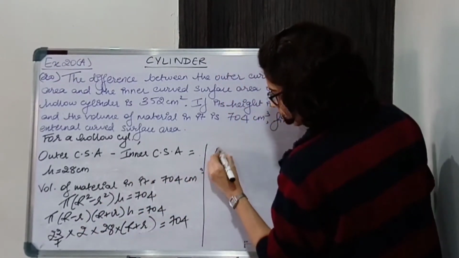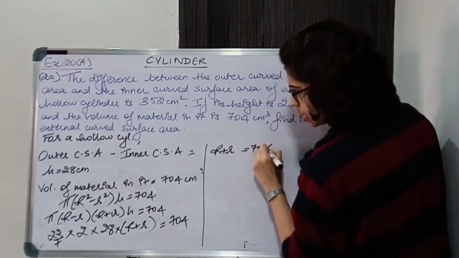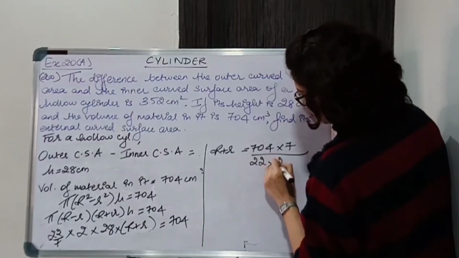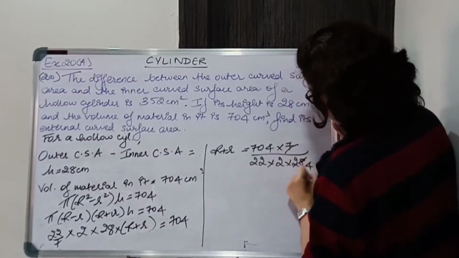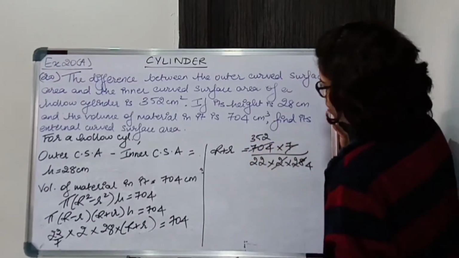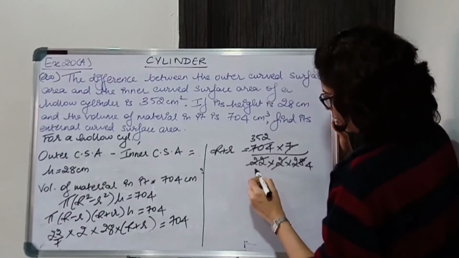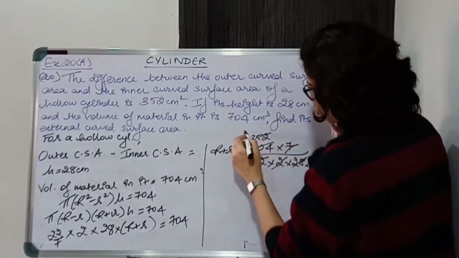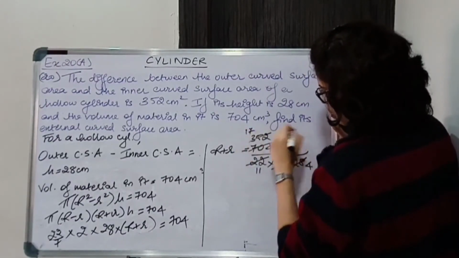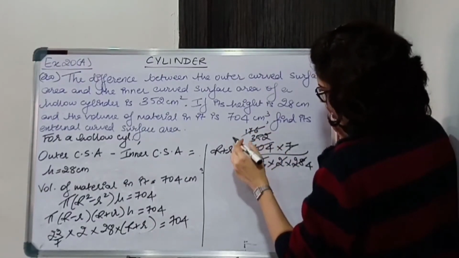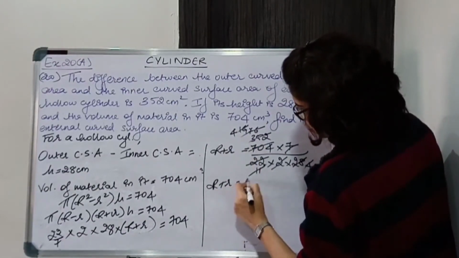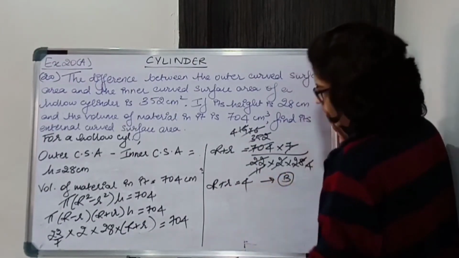Now this will become R plus r equals 704. 7 will go in the numerator, the rest all in the denominator. So R plus r is equal to 4. This we'll name as equation B.